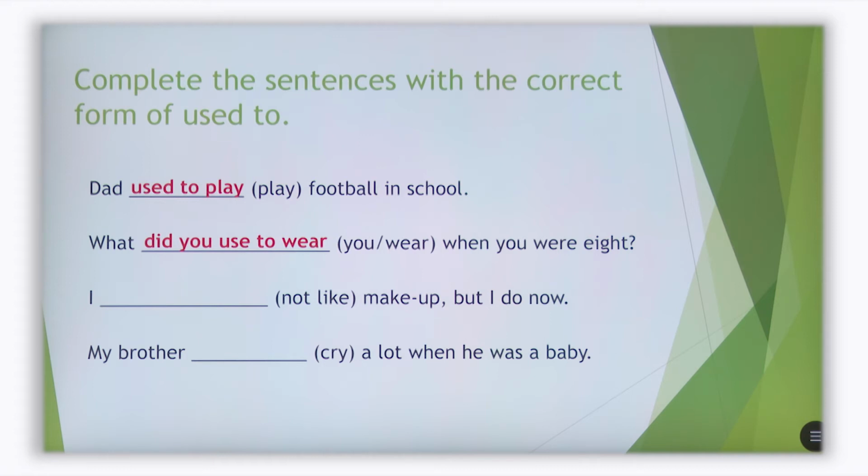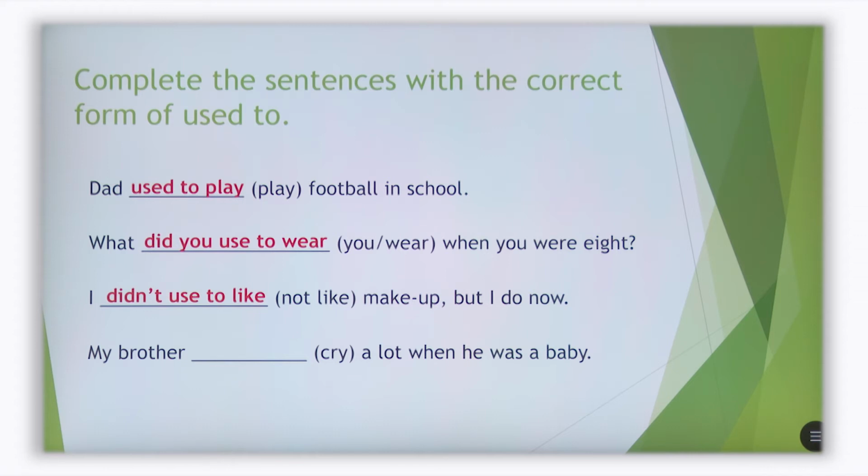Now we have the third sentence. I, in the brackets, not like makeup, but I do now. It's the negative form of the sentence. I didn't use to like makeup, but I do now.